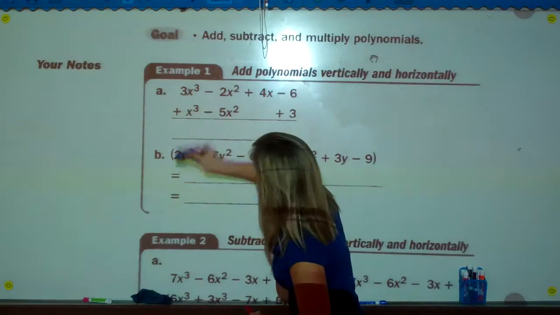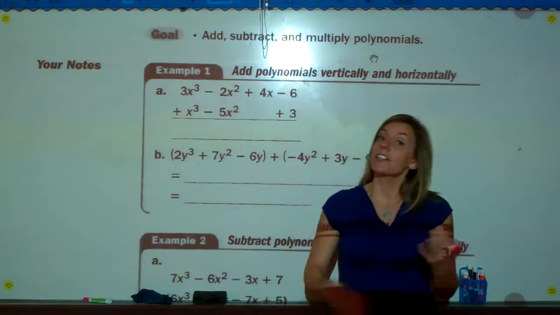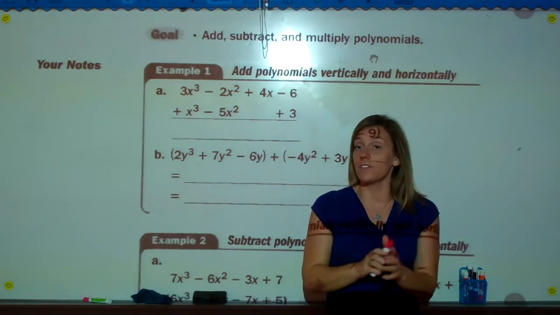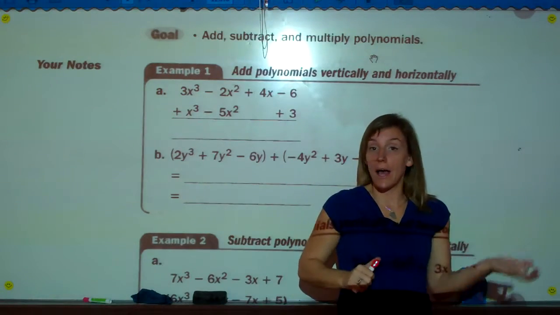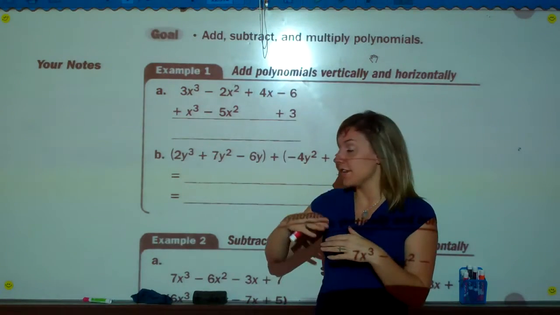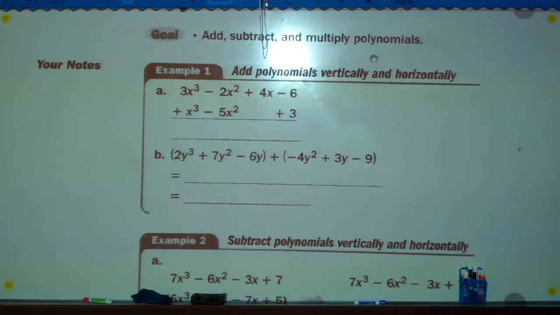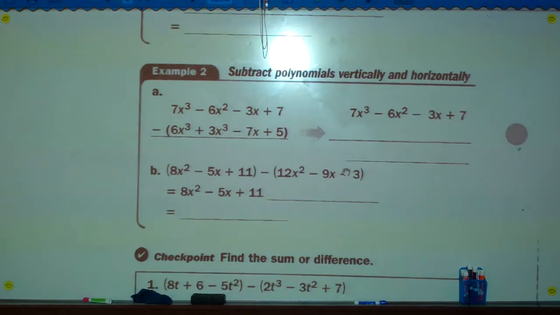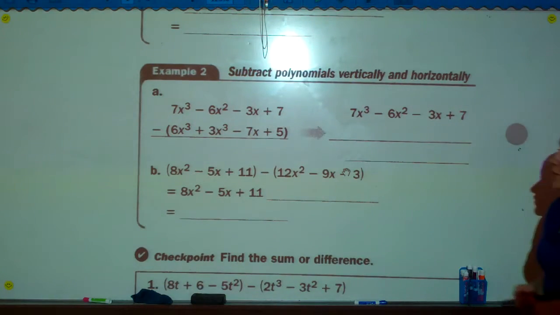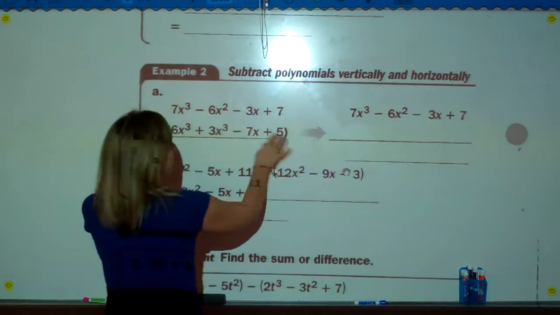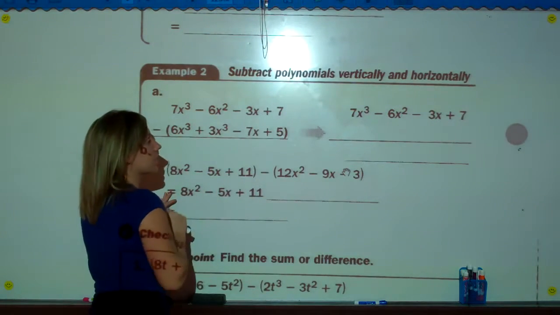So then, you do the same thing for subtraction, except subtraction is going to change your signs. Remember, since subtraction is the opposite of addition, it actually ends up changing to the opposite. And I'll show you what I'm talking about. All right, so for subtracting, you can subtract vertically or you can subtract horizontally.